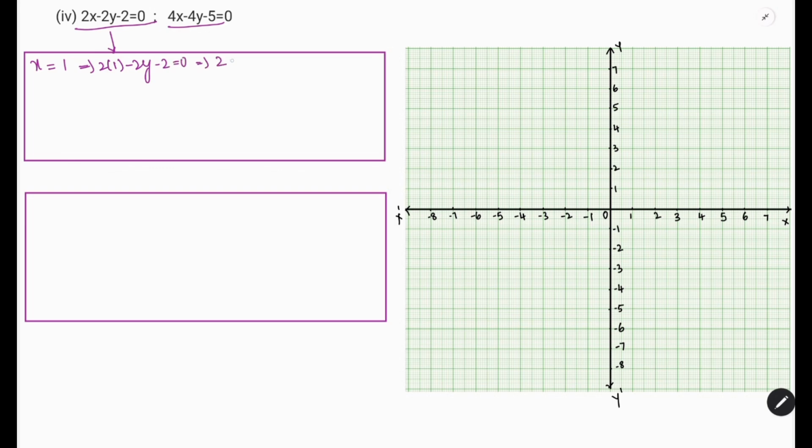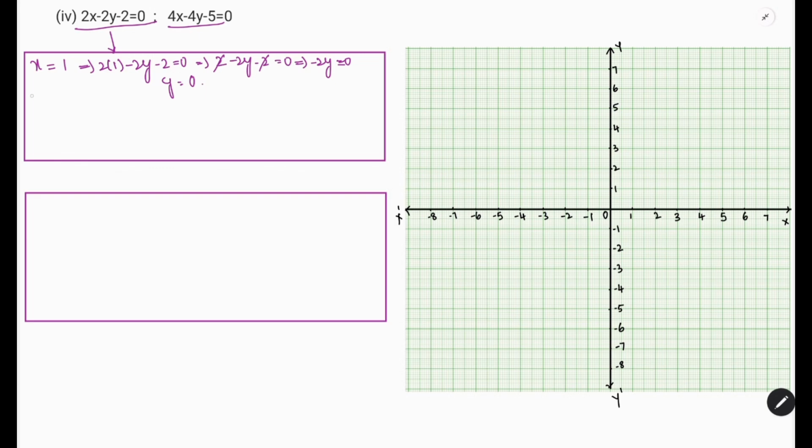Okay, here 2 minus 2y minus 2 equal to 0. Minus 2 and plus 2 get cancelled. So minus 2y equal to 0 and y is 0 by minus 2, it is 0.